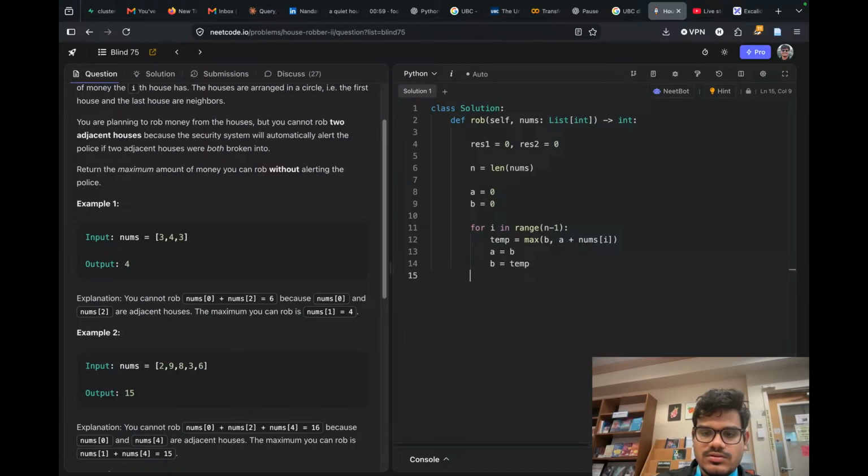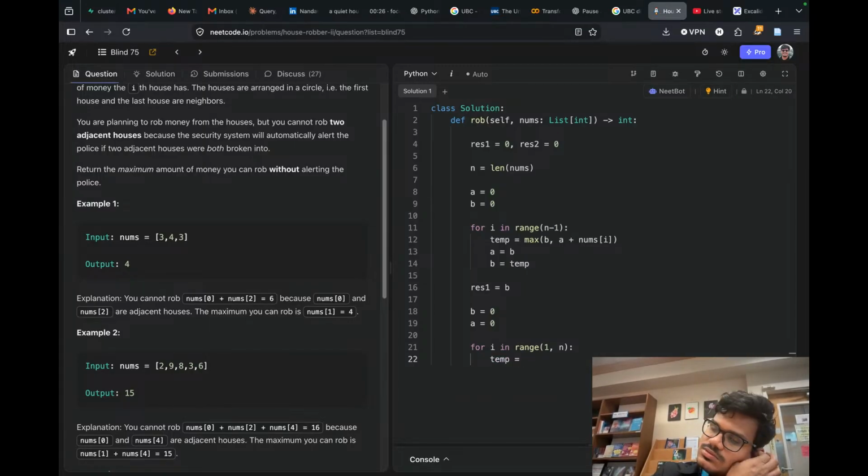So here s1 will be equal to b, and then again b is equal to 0 and a equal to 0 as well, and then for i in range 1 to n, we can say temp equal to max of b comma a plus nums[i].